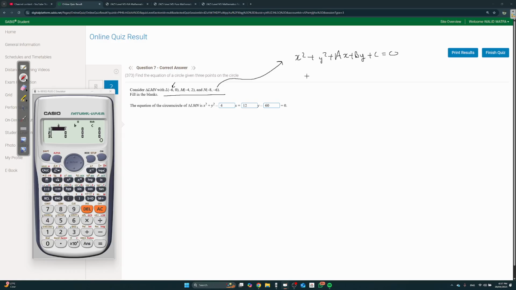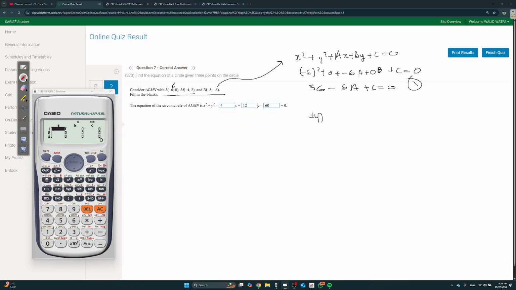Let's start with (-6, 0). So minus 6 squared plus 0 plus minus 6 times a plus 0 times b plus c equals 0. So you're going to get 36 minus 6a plus c is equal to 0. This is equation 1. Next point, (-4, 2).